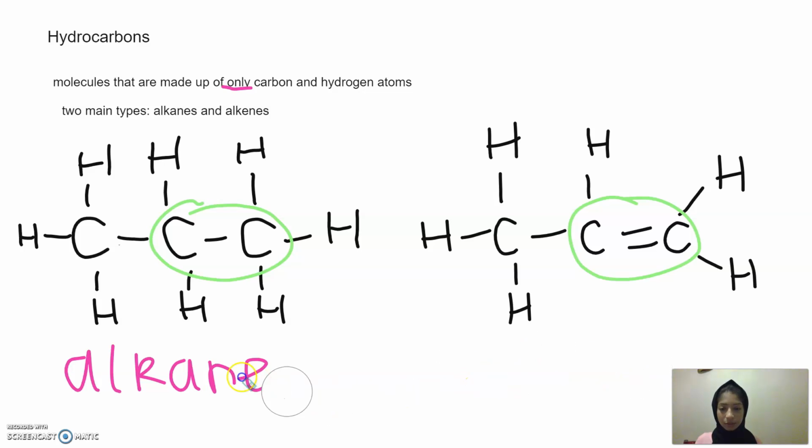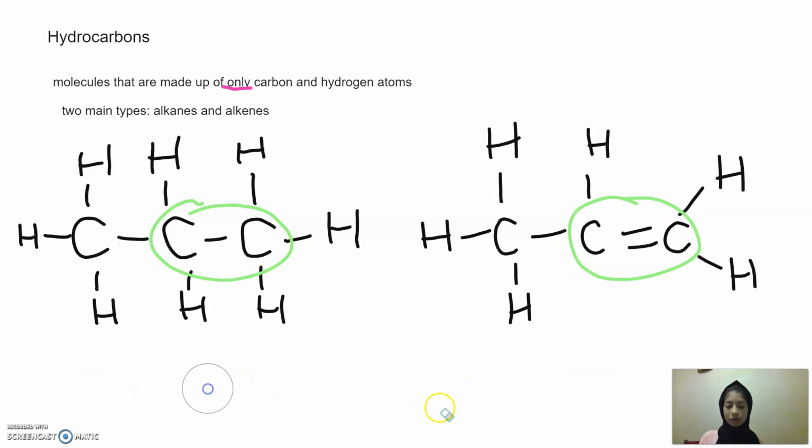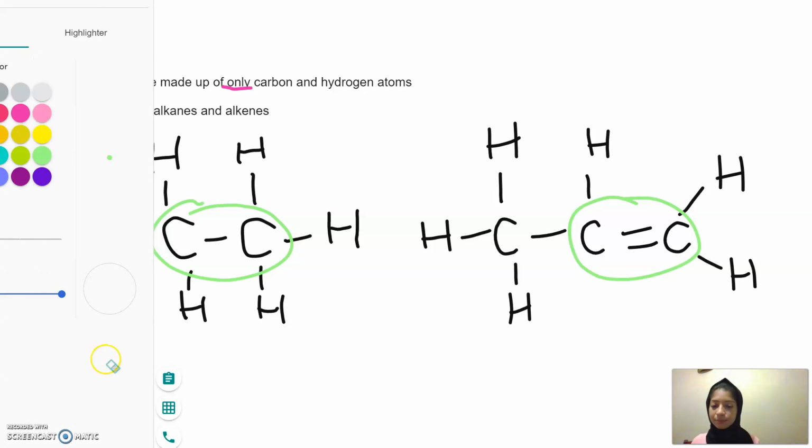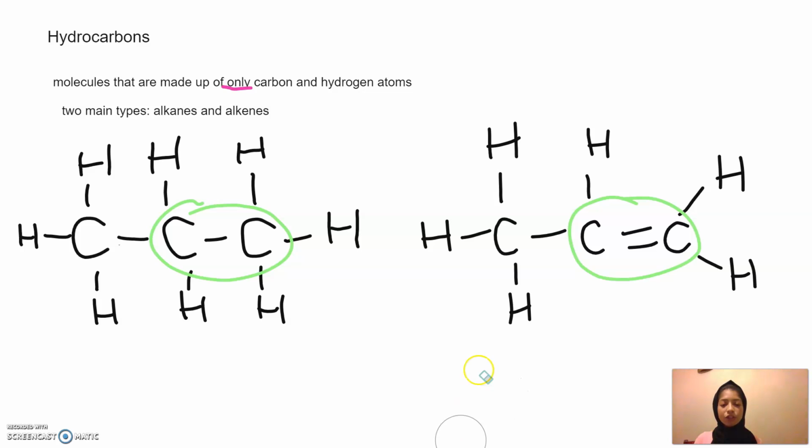So let's just make some space here. Let's use orange. Okay, so the general formula of a molecule is an algebraic way of showing us how many carbons and how many hydrogens a molecule has.